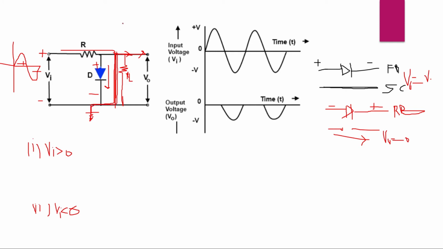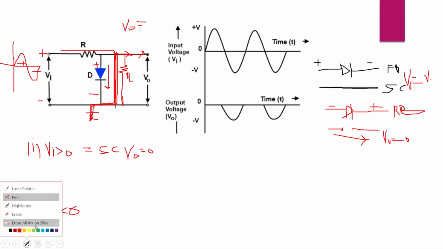So even though it is in forward mode, it acts as a short circuit. Correct, right? In this case, whatever our output voltage is, that output voltage is 0. With the short circuit, the entire thing goes to the ground, so it will not be reflected on the output side.